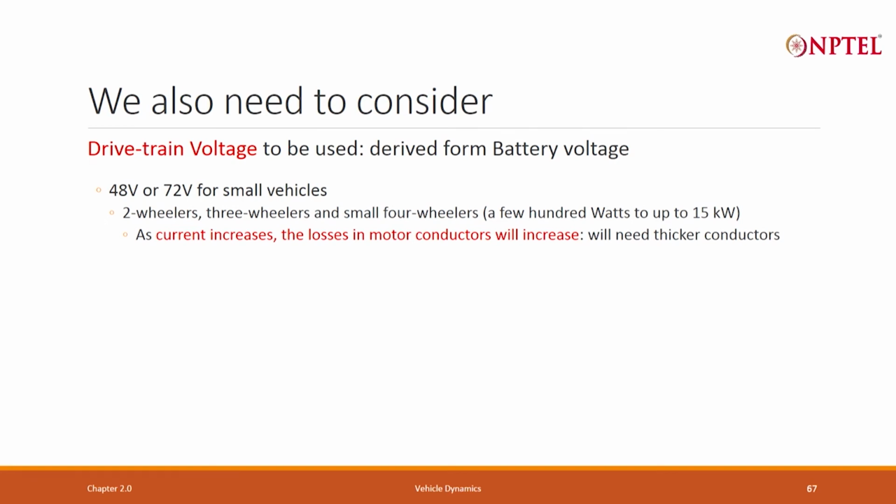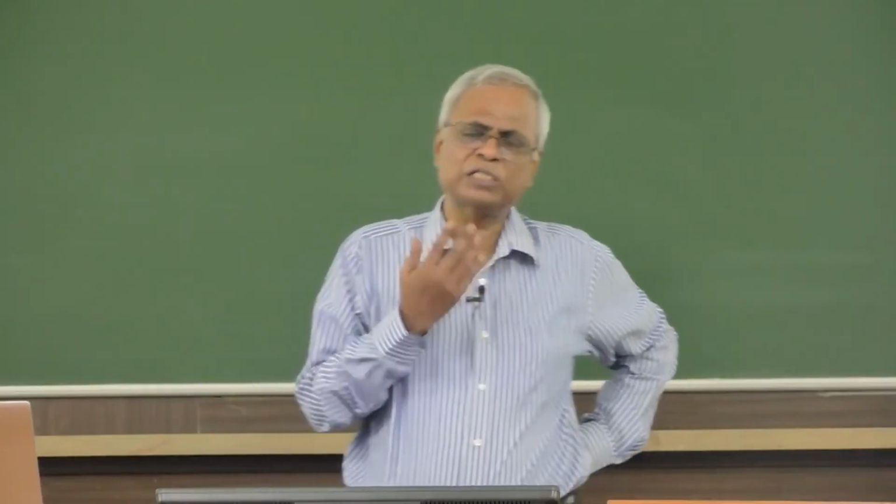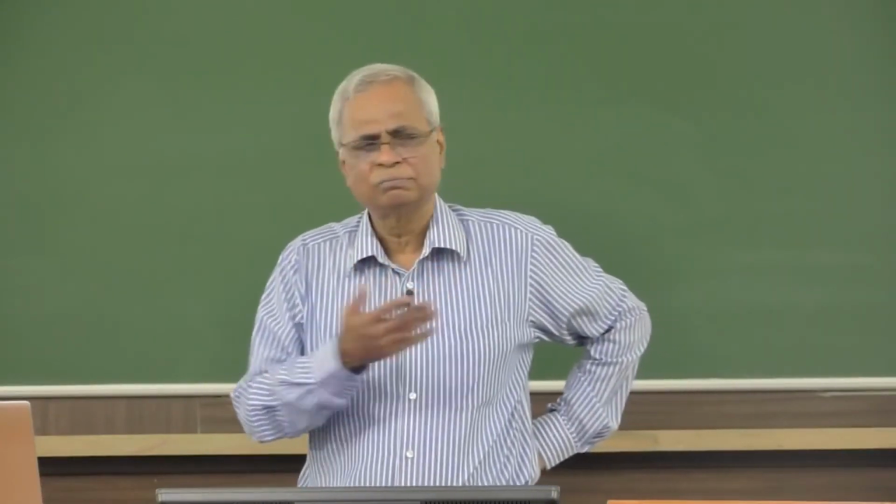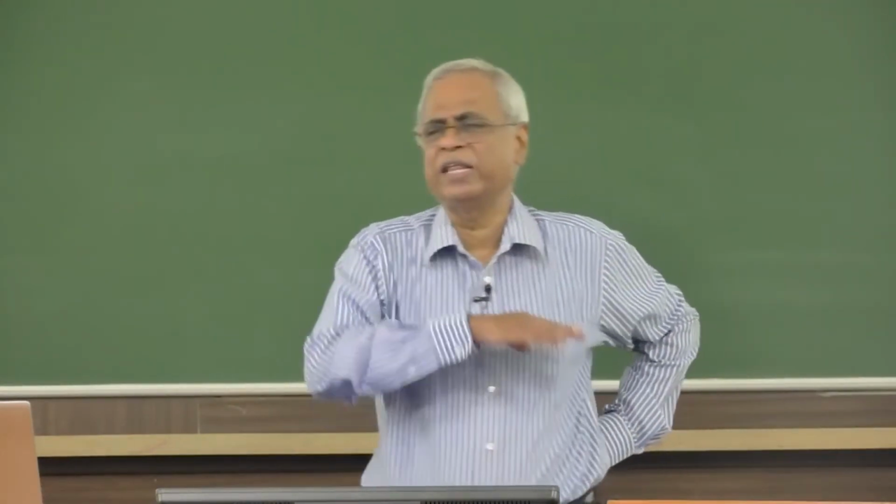I think the last thing that I want to look at is, what should be the drivetrain voltage that I should use? The one which is commonly used is 48 volt for small size vehicles, very common.